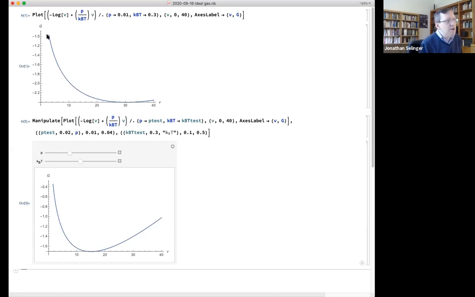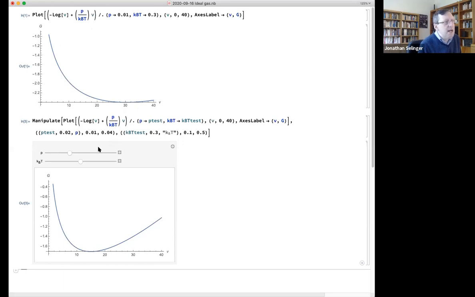You can see there's a logarithmic decrease, and then for large volume, there's a linear increase. In between, there's a minimum somewhere. That minimum is the optimum volume, which the system will select.